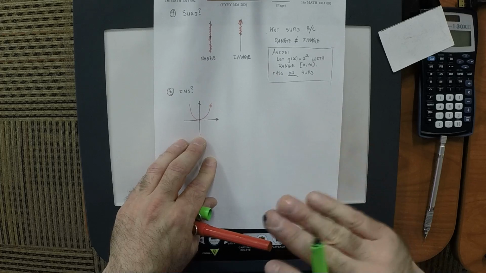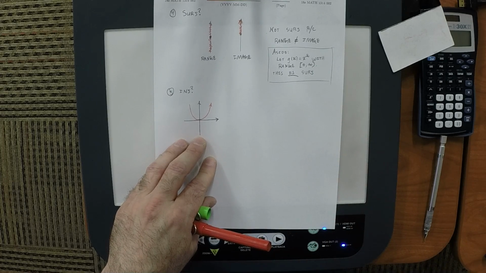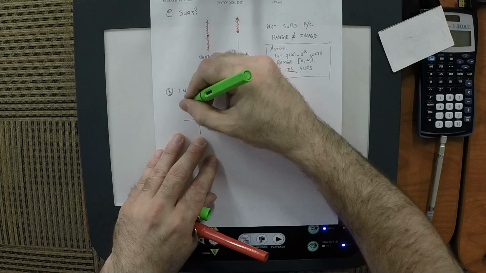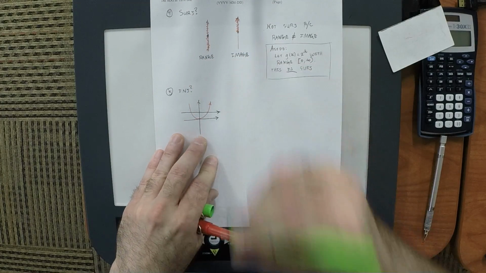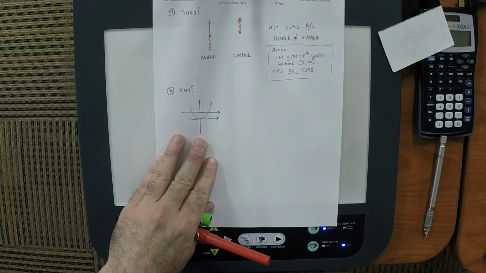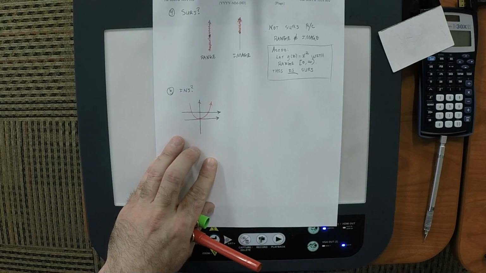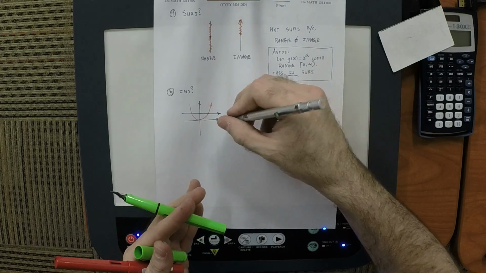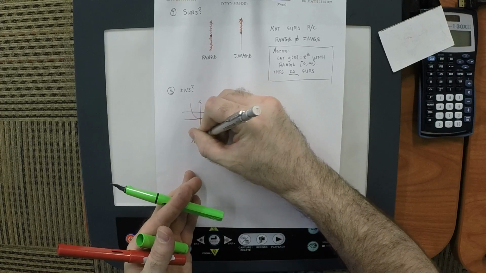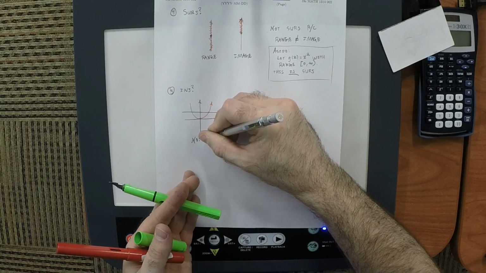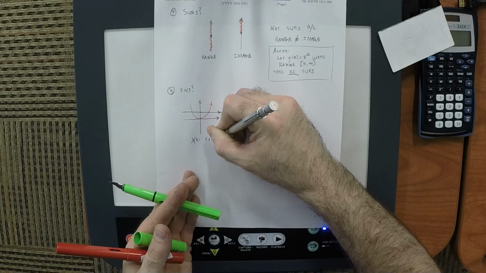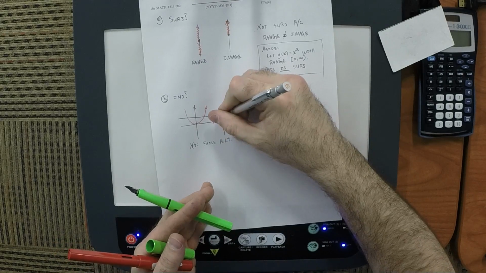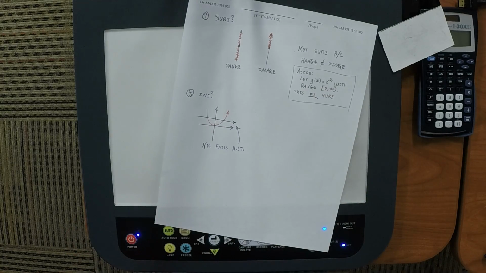That's algebraically, but how do you deal with that? You draw a horizontal line and ask, is it the case that every horizontal line intersects at most once? And the answer to the question is no. So the answer to the question of is it injective is no, because it fails the horizontal line test. And you can see that right there. The horizontal line test says that at most one intersection is permitted.